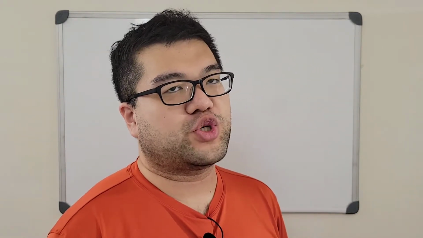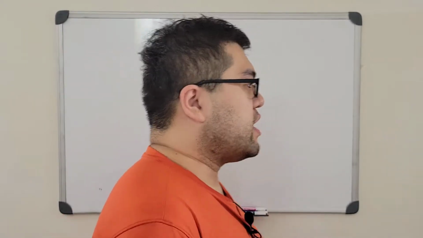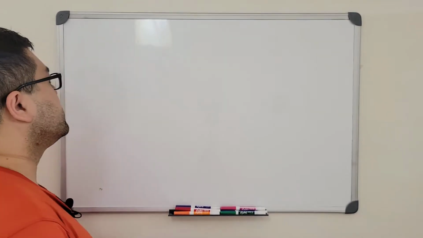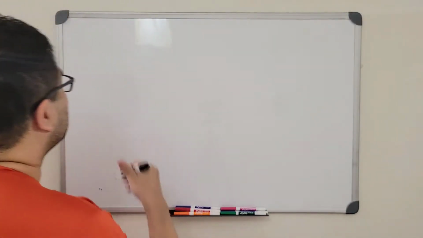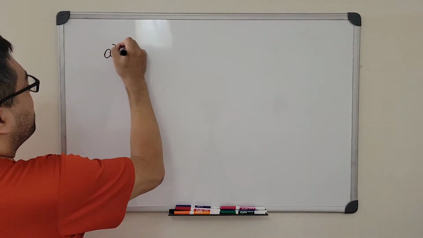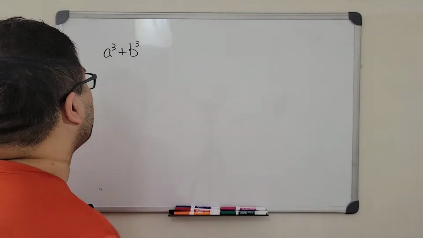So today we're going to go over a high school algebra problem that we have actually seen, which is an algebraic identity that we are told to memorize, but perhaps we have never seen the proof before. That is the sum of the cubes, a to the third power plus b to the third power.